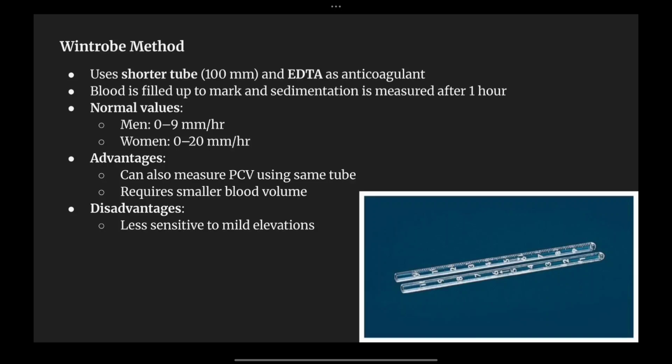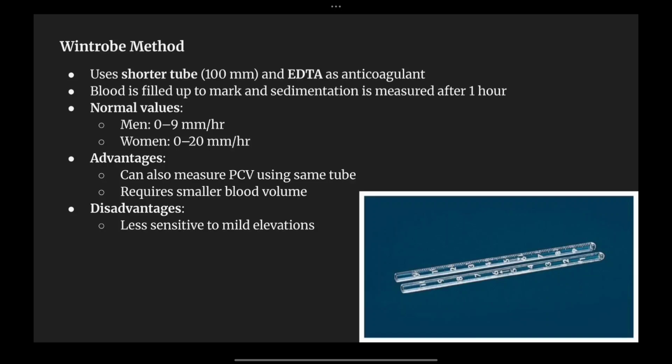In Winthrop method, blood is filled up to the mark and sedimentation is measured after 1 hour. The normal values in Winthrop method are 0 to 9 mm per hour for men, and for women it is 0 to 20 mm per hour.